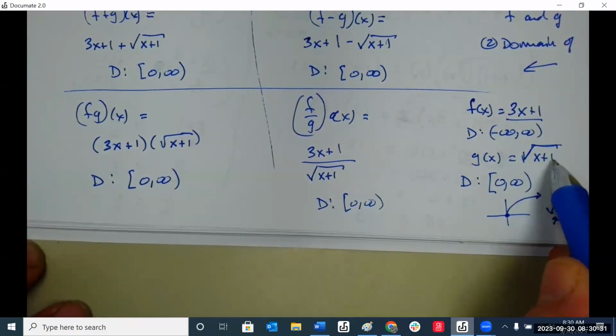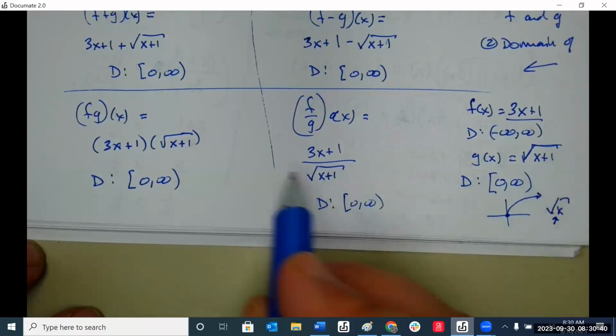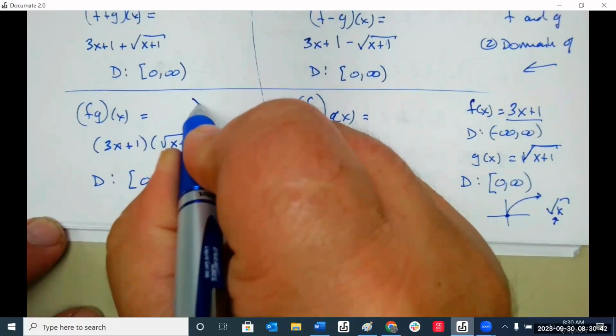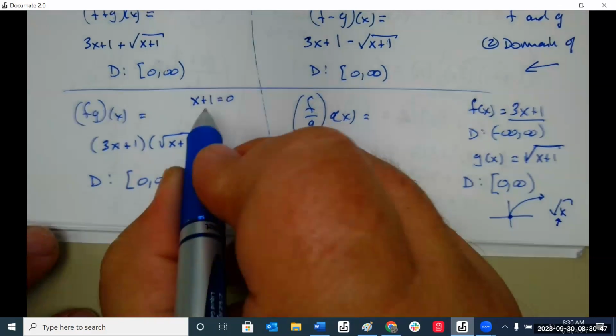But we have an x plus 1 here. So whenever you have an equation inside the radical, take the equation inside the radical, set it equal to 0, and solve for x.